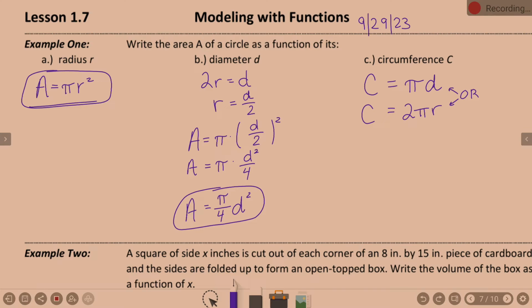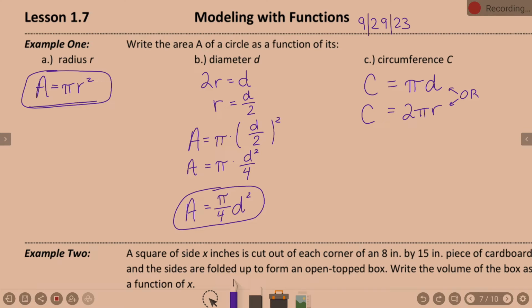I would use this right here. We know area is pi times r squared, yes? Here's my connection between r and circumference. If we're thinking like we did last time, it was A equals pi times r squared. What is r when I solve this in terms of circumference?